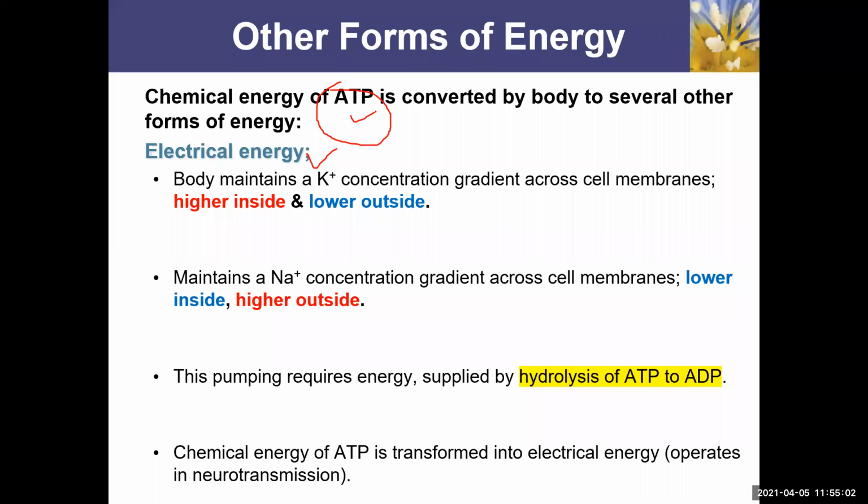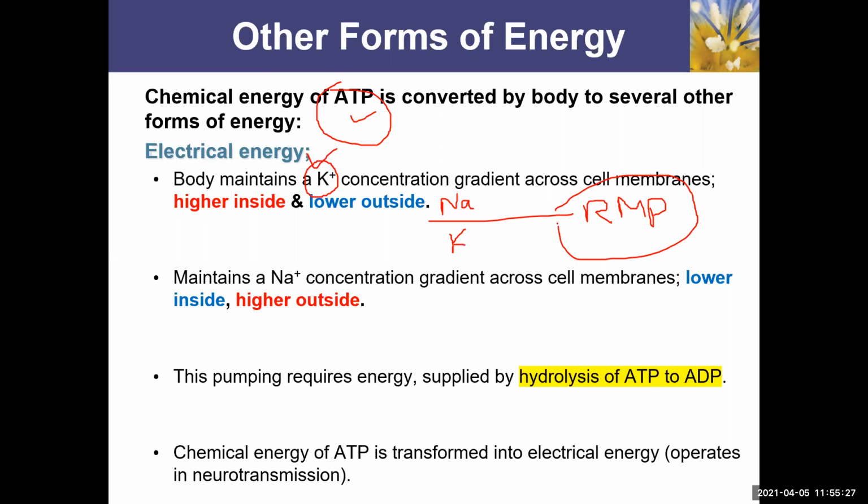If you remember, we discussed that the amount of potassium should be present more inside, while the amount of sodium should be more outside, when the cell is maintaining a resting membrane potential. We discussed all that in the muscular system and the nervous system. We're not going to repeat all that, right? And if you remember, we discussed the sodium potassium pump there.